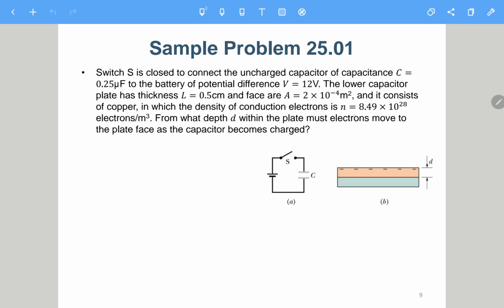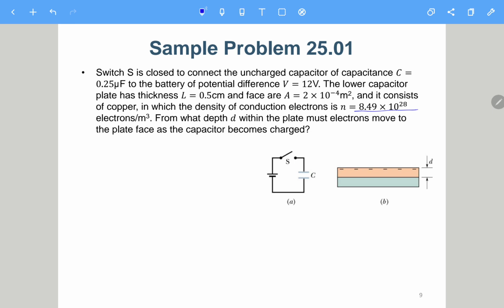As much as there should be some electron density, the electrons still occupy some volume, and it really depends on the material. For this one, this value is for copper. So let's see.